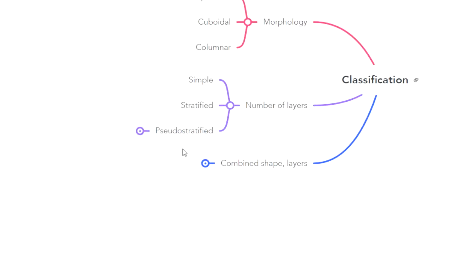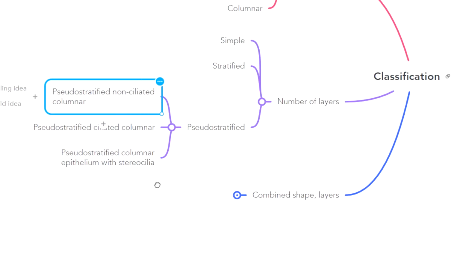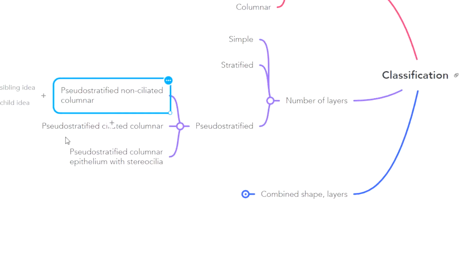Now pseudostratified does not belong to simple or stratified. Here all the cells lie in a single layer resting on the basement membrane. Based on the surface modifications, it is further divided into pseudostratified non-ciliated epithelium, pseudostratified ciliated epithelium, and pseudostratified columnar epithelium with stereocilia.